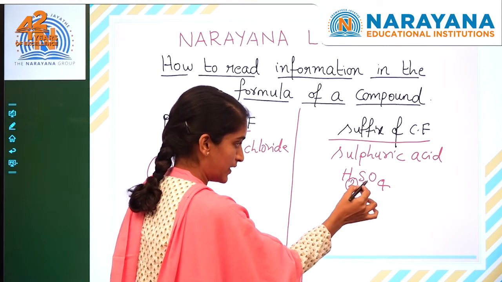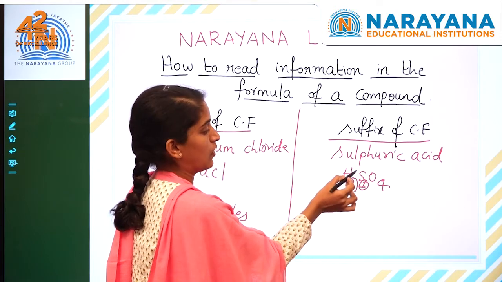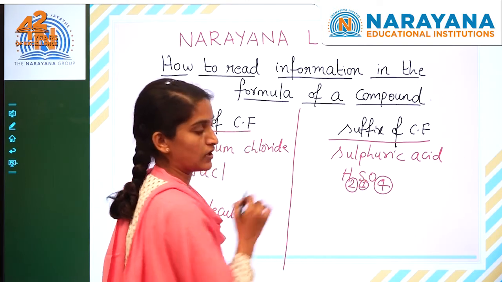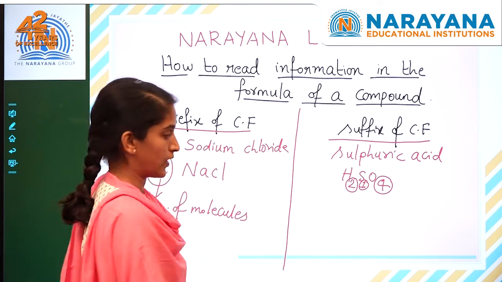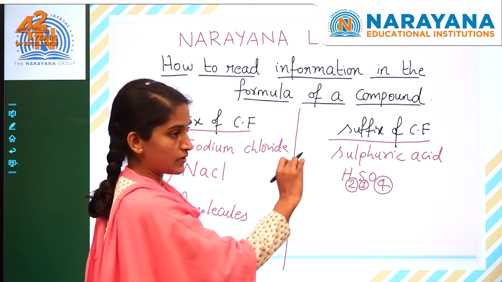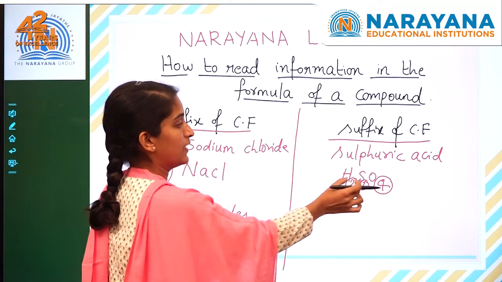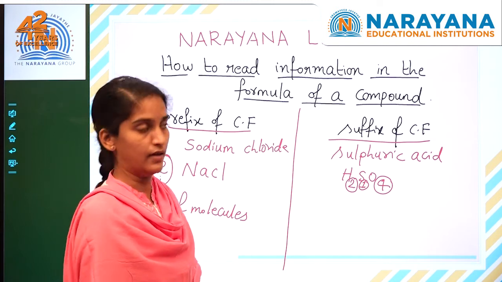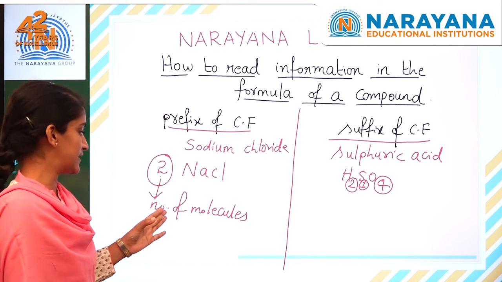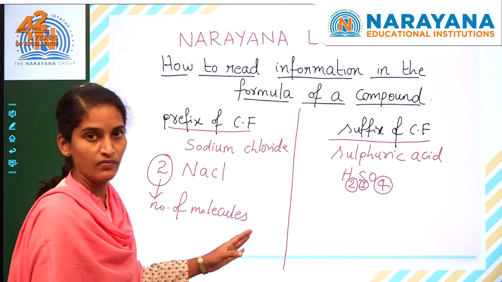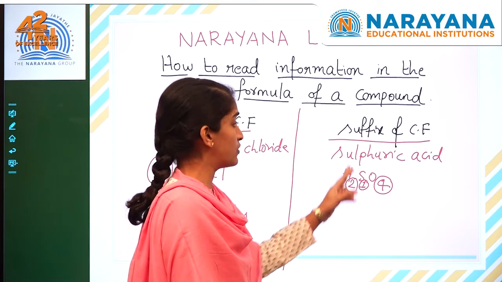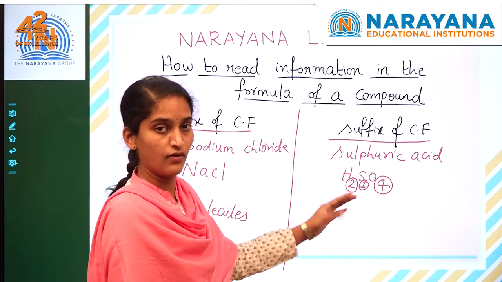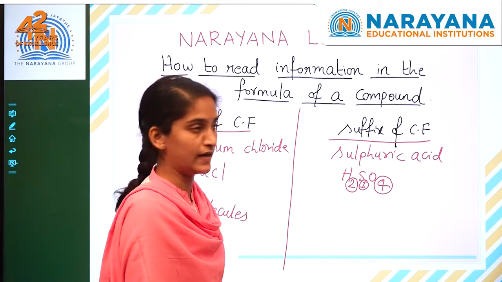So this 1 is present to the right bottom side of the sulfur, and the numeral 4 is present to the right bottom side of the oxygen. Whatever numeral is at the right bottom side of the element, that numeral is considered the suffix of the chemical formula. So the use of prefix is that it tells us the number of molecules, and the use of suffix is that it tells us the number of atoms of the respective element present in that molecule.